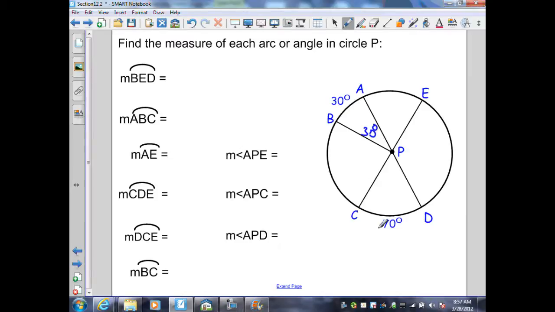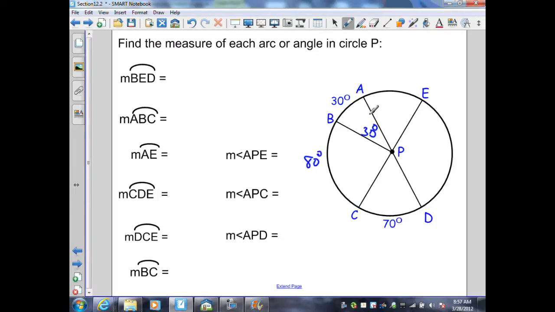Therefore, I can find the measure of arc BC by taking 180 minus 30 plus 70. 30 plus 70 is 100. 180 minus 100 leaves me the measure of arc BC to equal 80 degrees. Therefore, I know the measure of angle BPC is 80 degrees.